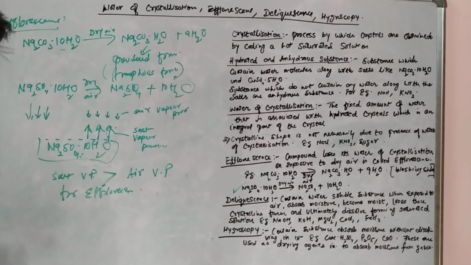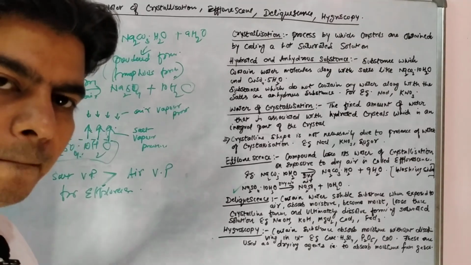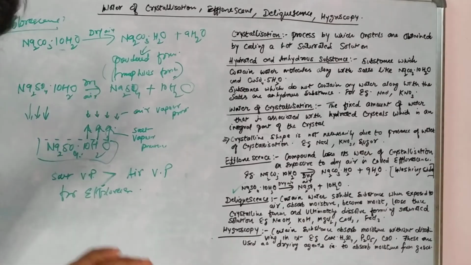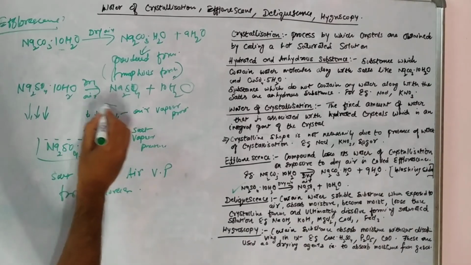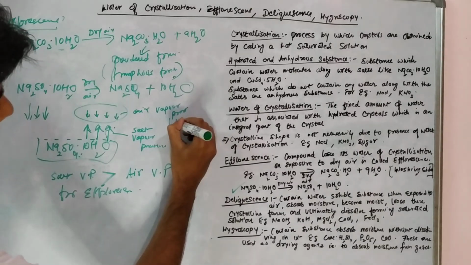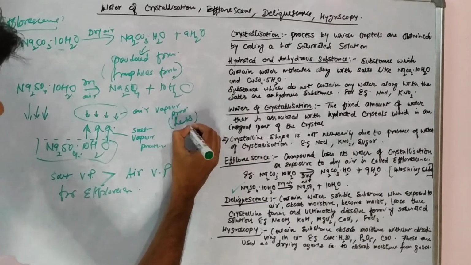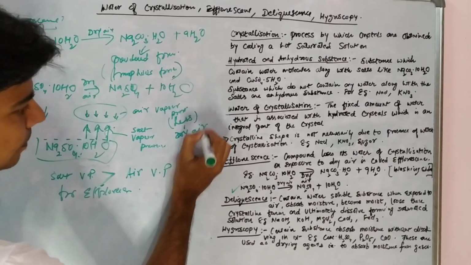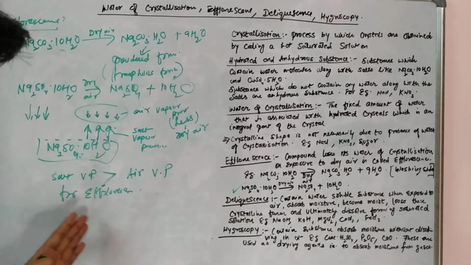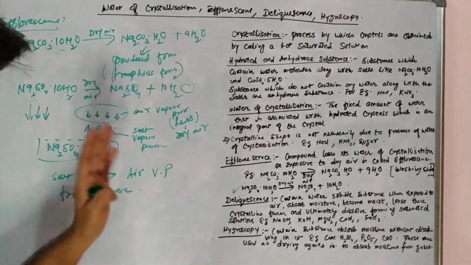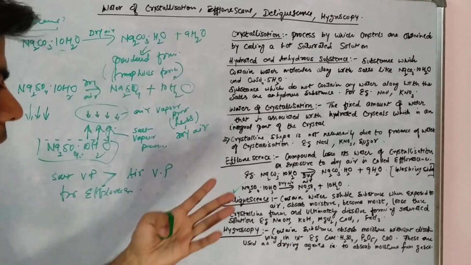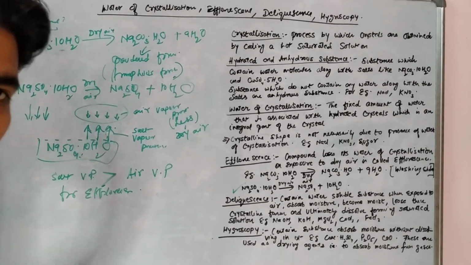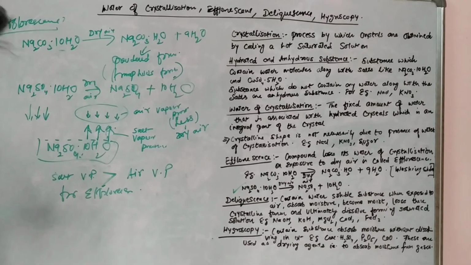Salt vapor pressure would be greater than air vapor pressure when the vapor pressure in air is less, and this would be less in dry condition, in dry air. So air should be dry to favor the process of efflorescence. Then only these salts will easily lose their water of crystallization, right?